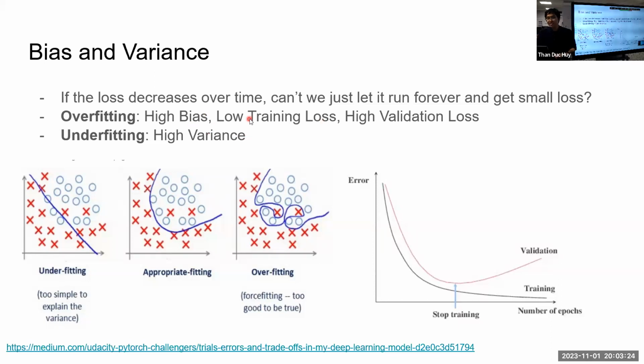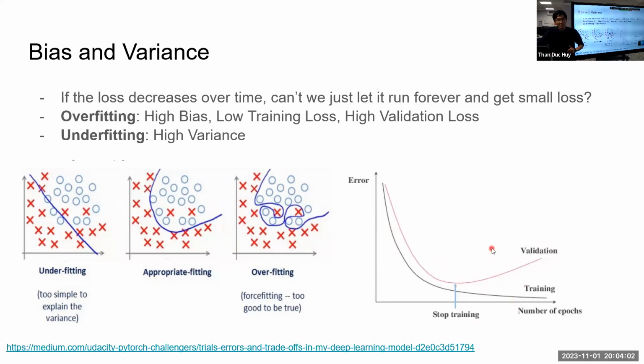High bias can be followed by low training loss and high validation loss. What does it mean? When you are overfitting on the training data, whatever is in the training data will be predicted very well, but what it has not seen before will score very low. It is biased towards the training data. So when it sees a validation sample it has not seen before, it uses the knowledge trained on the training data to detect it.